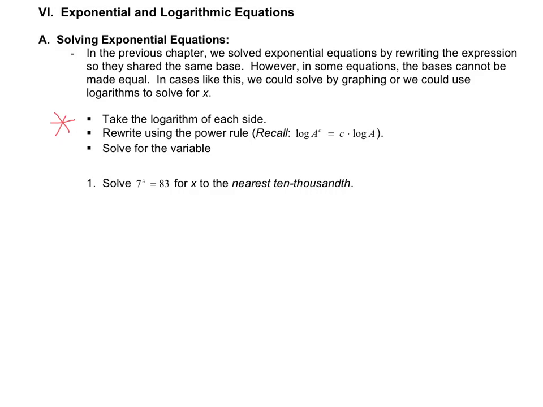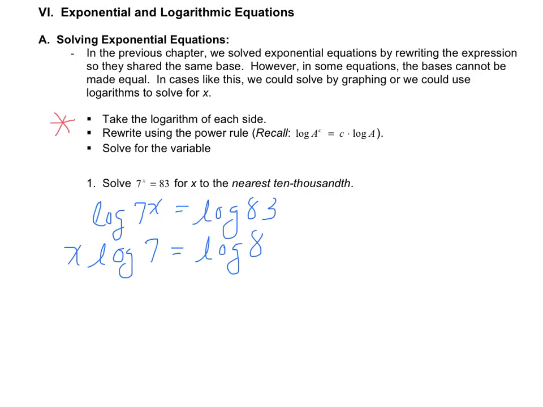I'm going to give each side a log. So I'm going to have log of 7^x equals log of 83. I'm actually going to do the power rule, bring the exponent to the front. I want x by itself, so I'm going to get rid of a multiplying log of 7 by dividing by log of 7.